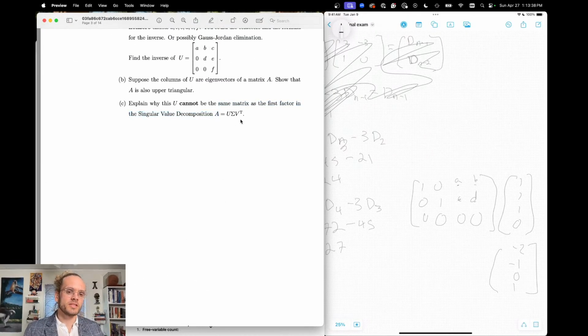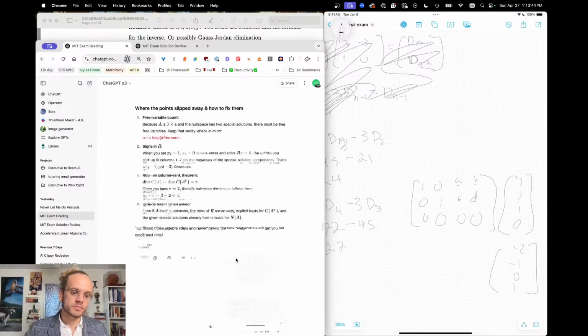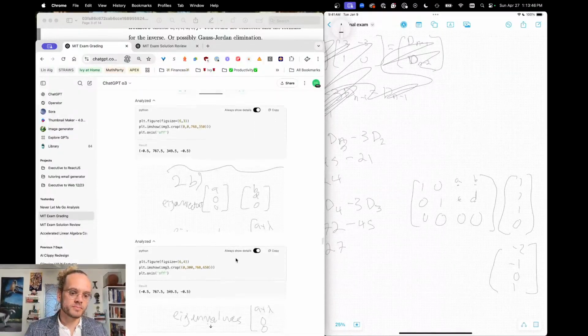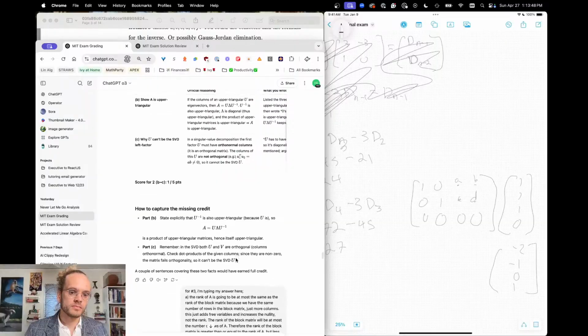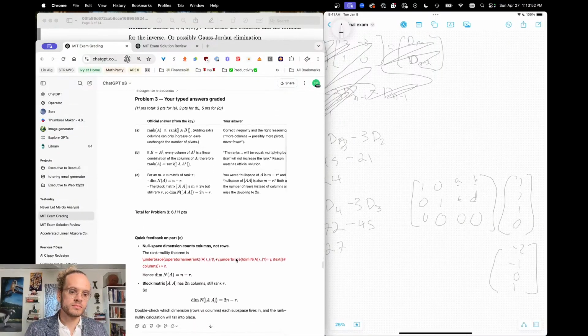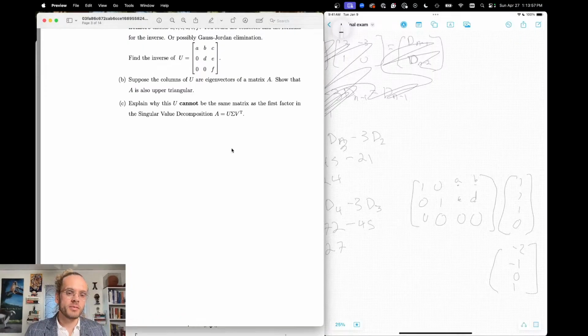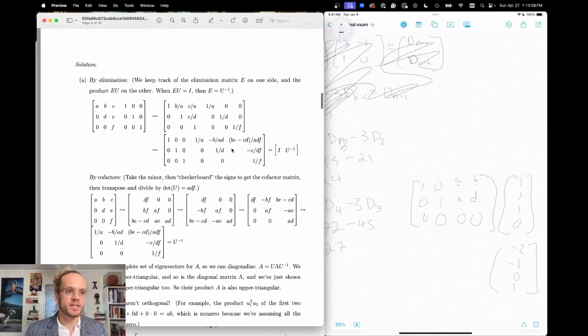What is the stuff in the singular value decomposition formula? I forget, but I should go over that another time. What did I do on number 2 with them? Man, they were harsh on me. I did better at the beginning of the test. It looks like I kind of just lost steam towards the end.